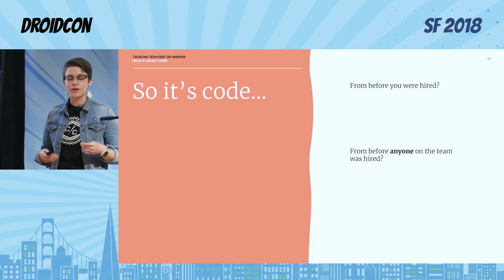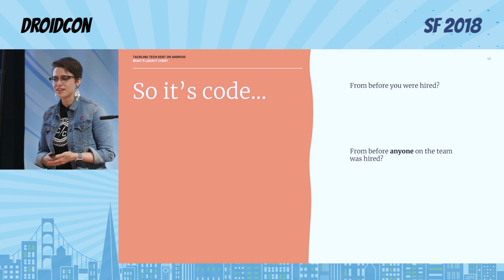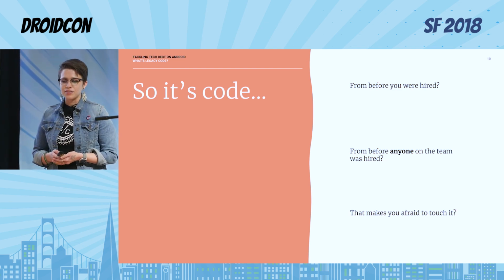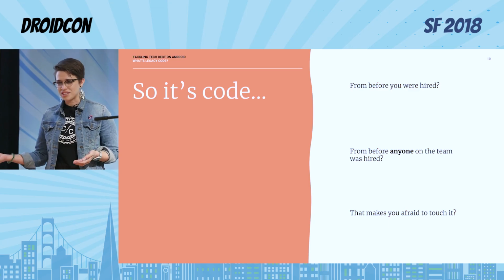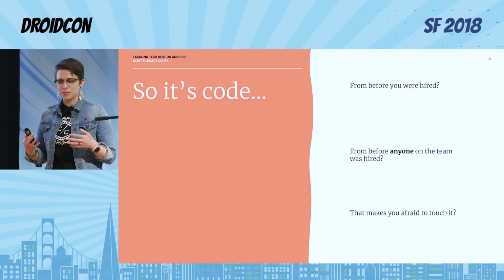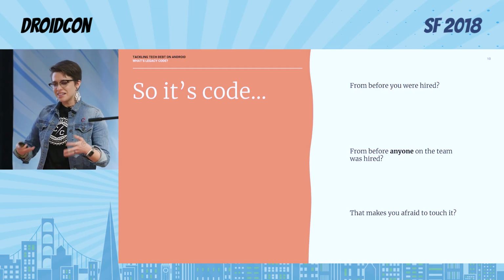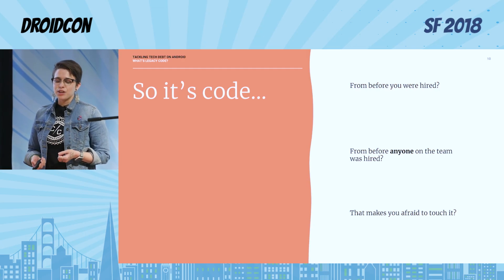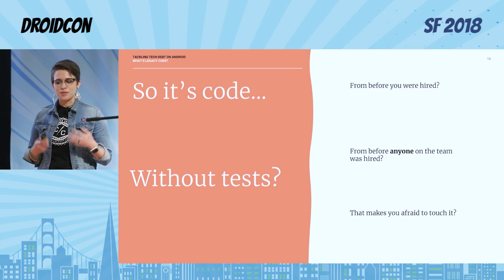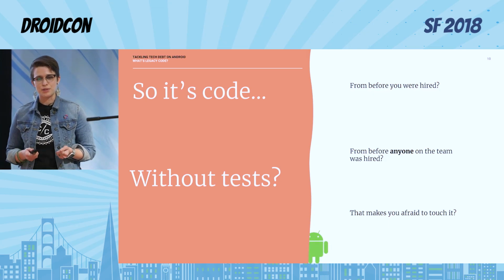Maybe it's code from before anyone on the team was hired. It's truly a legacy left from before. But maybe it's code that just kind of makes you afraid to touch it. Maybe even if someone on the team was there, it's still kind of not great. But really, it's code without tests. So thank you, Android, for being so untestable.